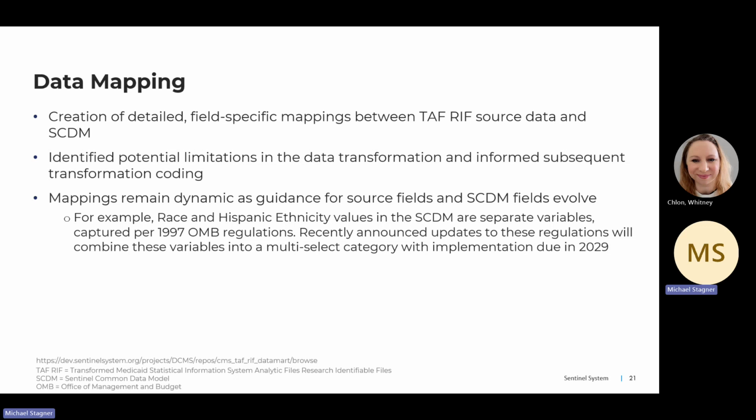For individuals with a known race value, the Sentinel Common Data Model Hispanic ethnicity variable is set to no. It's sort of an either or. Either we know Hispanic ethnicity or we know race, but that may change with future releases of the TAF RIF data.